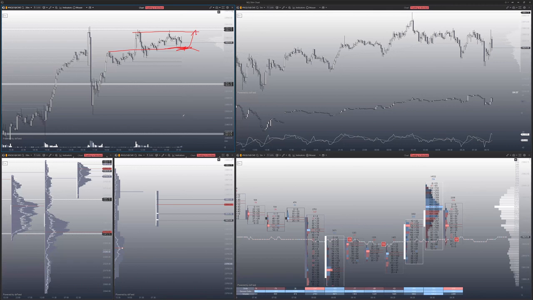It's not the perfect setup, but it's possible because if we're still in the range, I also can go long. But if this low here on the 30 minutes breaks and shows me maybe negative delta or negative bars or maybe absorption on the highs, then I wait, and I wait, and take the trade only at this point, because my context for the day at the moment is only long.